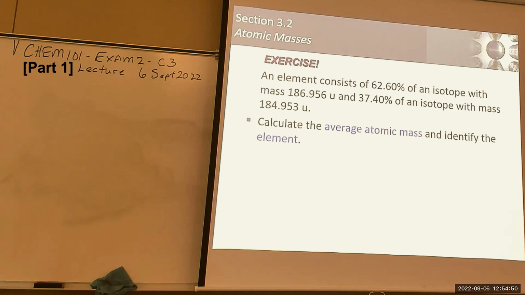Okay, so let's take this example. Won't spend too much time on it. What we're saying is this element has been determined to have one isotope at 62.6%, and its mass is 186.956 atomic mass units.